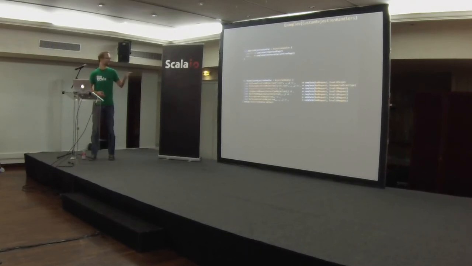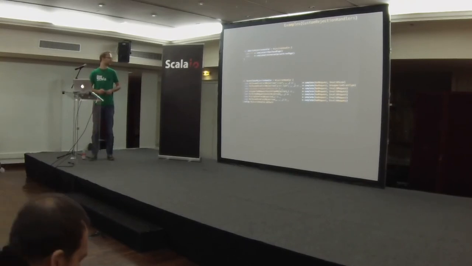And in this case, some of those rejections are custom rejections, rejections that our code produces. Other ones are default Spray rejections, like missing form fields, malformed form field, malformed REST content. These are all standard rejections that Spray produces if your request is wrong in some way.